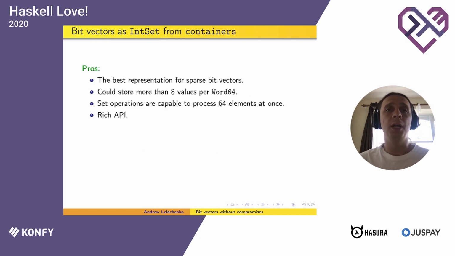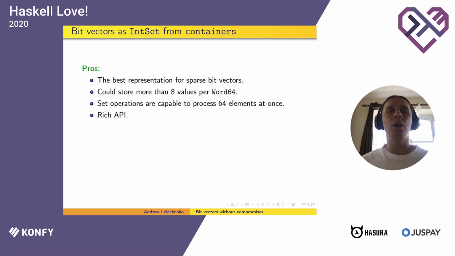One more option is that we can use IntSets from the containers package to represent bit vectors. The idea is that instead of storing an actual vector of zeros and ones, we can just store a set of indices for which the corresponding bits are set. And it's the best representation if your bit vectors are sparse, so they have only several non-zero bits.